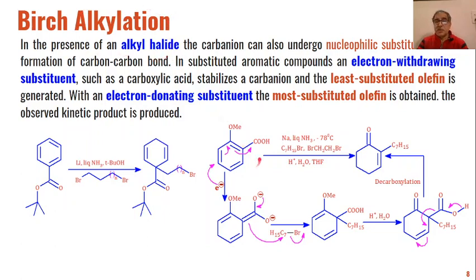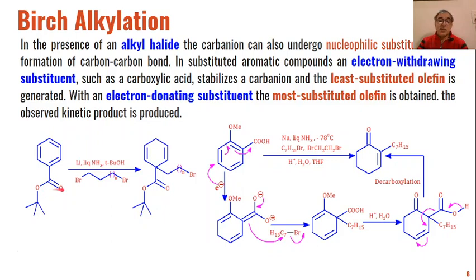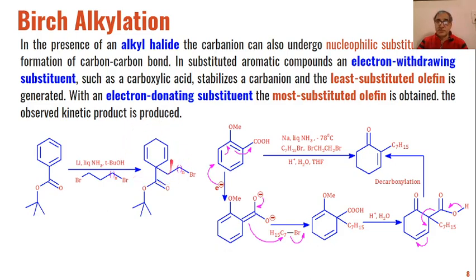So for example, if we have some electron withdrawing group present on the aromatic ring, such as carboxylic acid, for example this one, a derivative of carboxylic acid, then the cyclohexadiene which is formed is the least substituted olefin, generated when it undergoes cyclization.